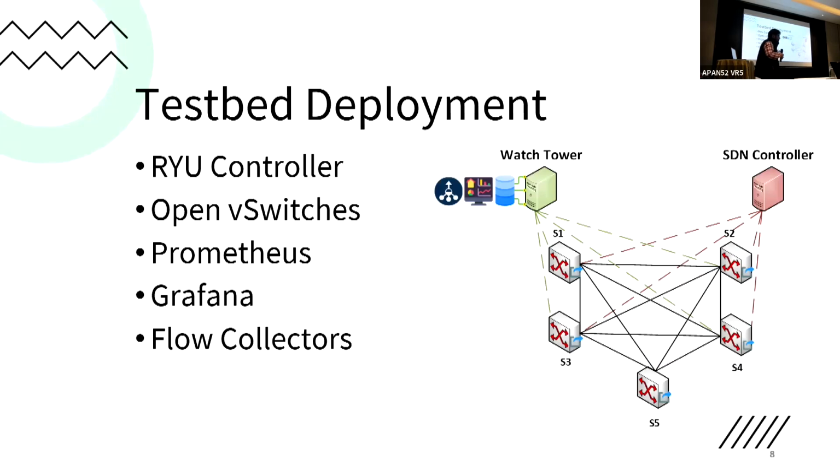Also, we use the Open vSwitches and Prometheus and Grafana, and also some applications like flow collectors at the watchtower. We have a watchtower which collects and contains the flow collectors and the data of the network. It has Prometheus and Grafana for the storage and visualization.